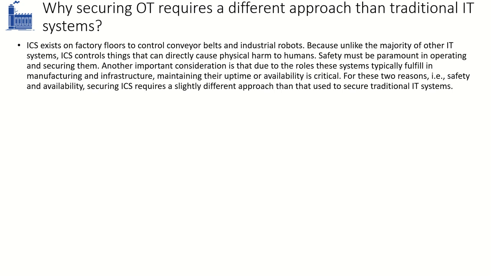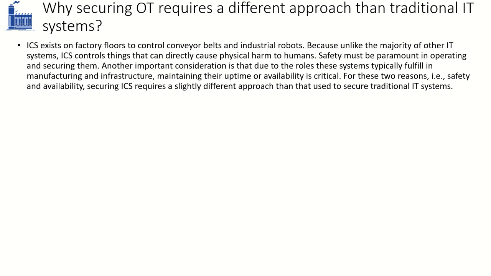The factory floors have physical processes running in order to produce a product or a service. In order to control these physical processes and the devices involved, like conveyor belts, assembly lines, forklifts, cranes, and industrial robots, you would have an industrial control system in place.